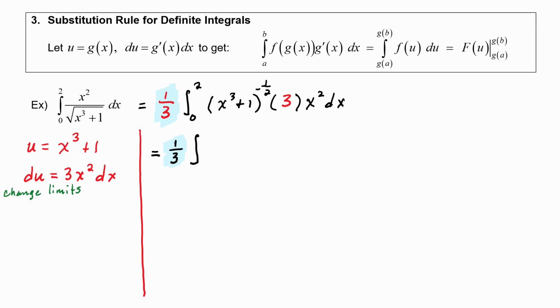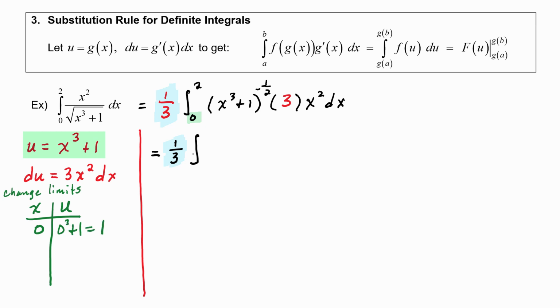So to do the replacement for the lower limit, let's come over here. We've got x and u. If x is 0, then u is going to be 0 cubed plus 1, which is 1.